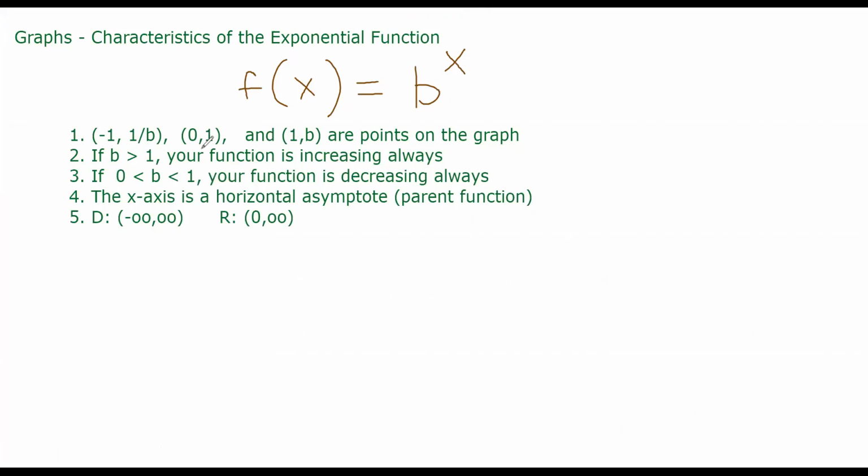So it's not case 2, it's case 3: your function is always decreasing. The x-axis, though, is still a horizontal asymptote. The domain is still negative infinity to positive infinity. The range is still 0 to infinity. These three things are still technically true, although now 1 over b is 1 over 0.5, which is actually the number 2.